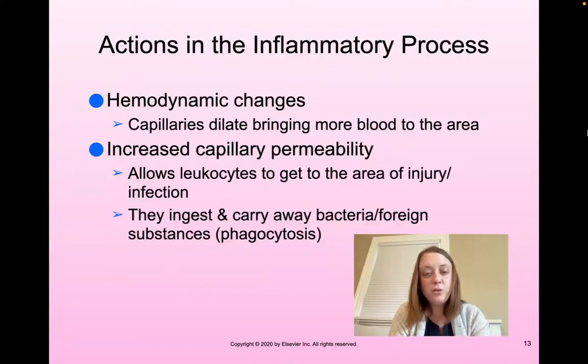They allow more fluid out of them. This allows leukocytes, white blood cells, to get out of the capillaries and into the area that's injured or infected. From there, they carry out the immune process we talked about in part 1 of our lecture. They ingest and carry away the bacteria or any of the foreign substances in that area.